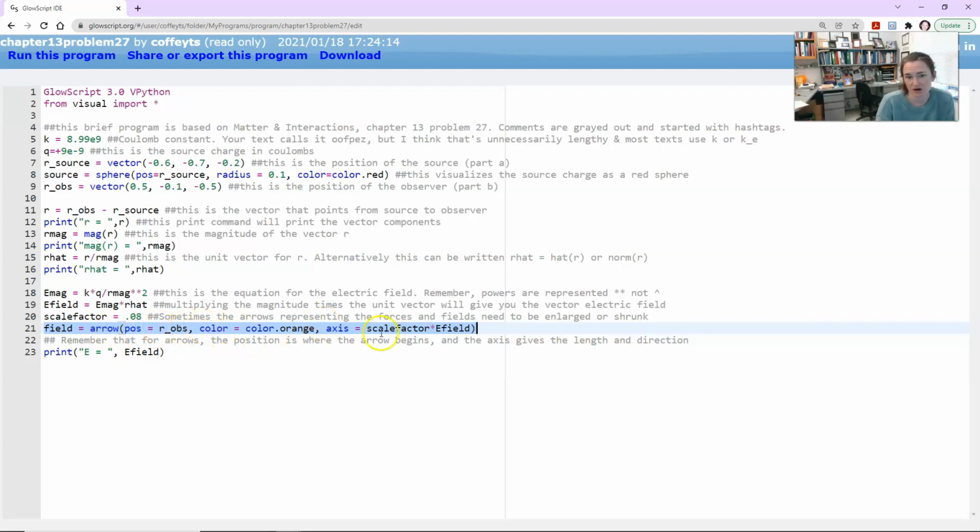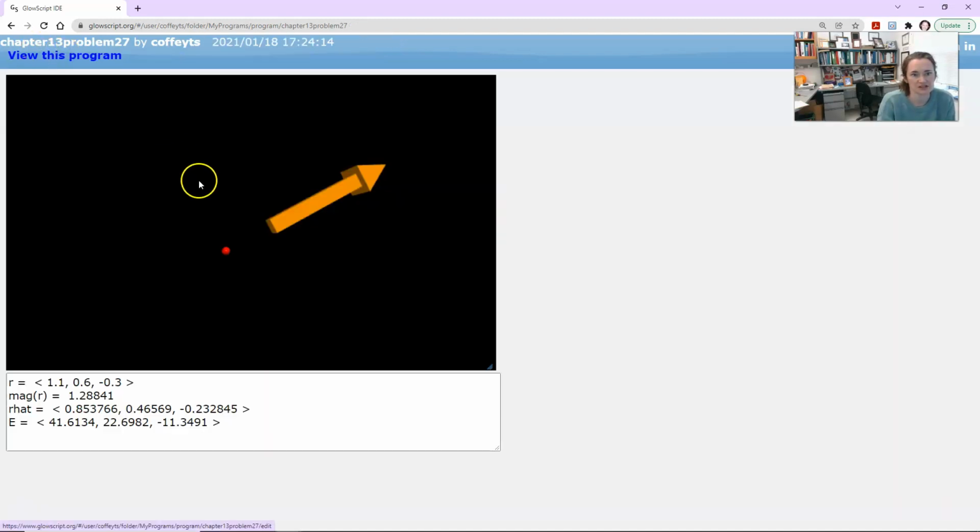I made it orange, and I added a scale factor because, of course, your field might be quite large or quite small, and so you might want to blow it up or shrink it to fit in the field of view, and that's what scale factors are good for. So I created a scale factor of 0.08 and multiplied it times the magnitude of my field so that when I run the program, which I'll do right now, it doesn't look too huge compared to my source charge. Okay? So there it is.